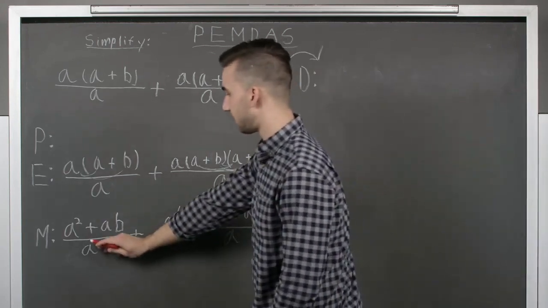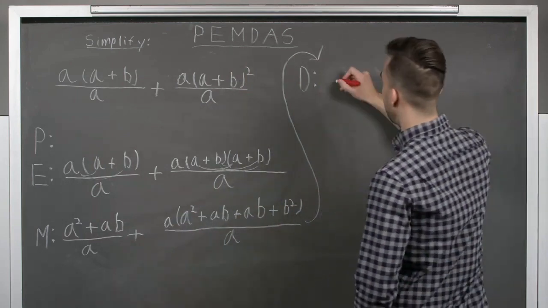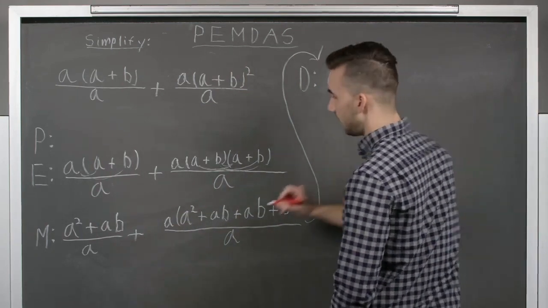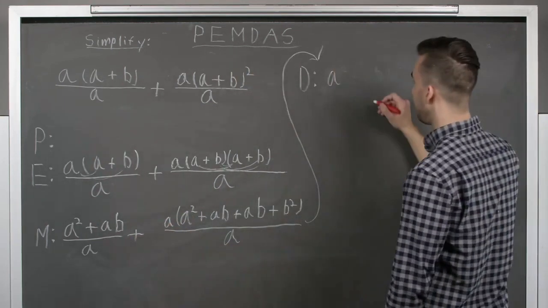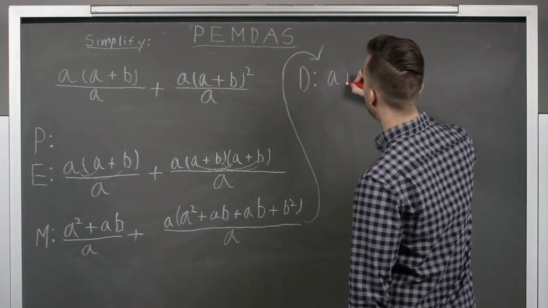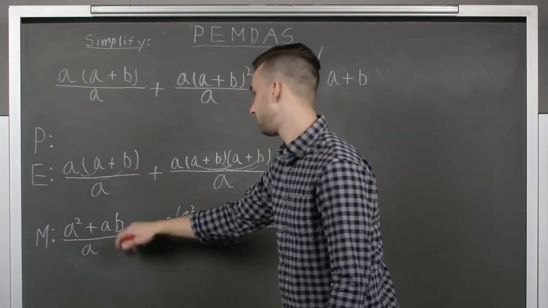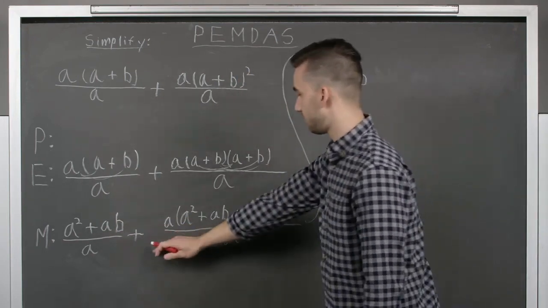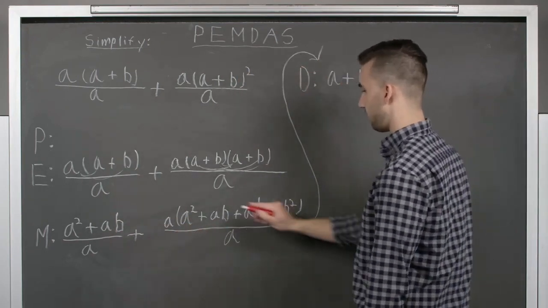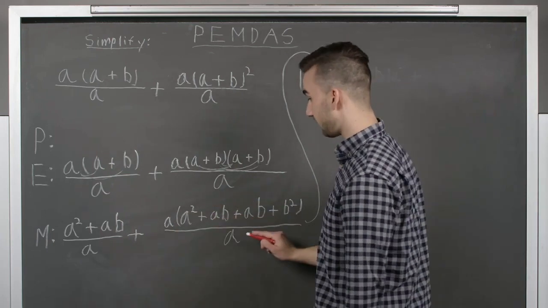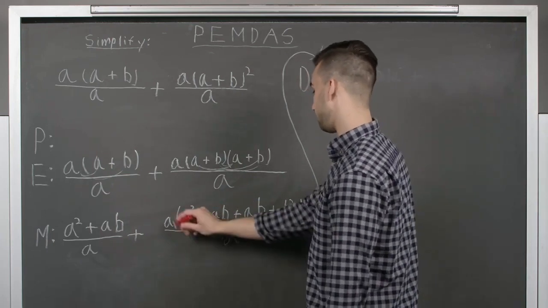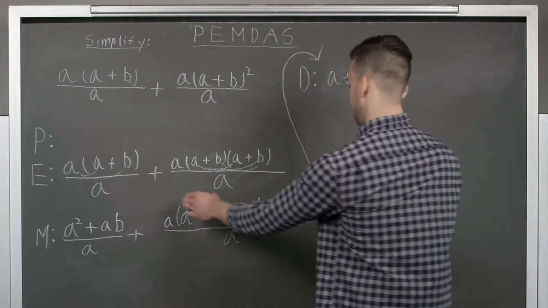What is A squared divided by A? It is A. What is AB divided by A? That is B. So our fraction is gone. Plus, this is easy. So all this times A divided by A, the A's just cancel out. So we're left with this right here.